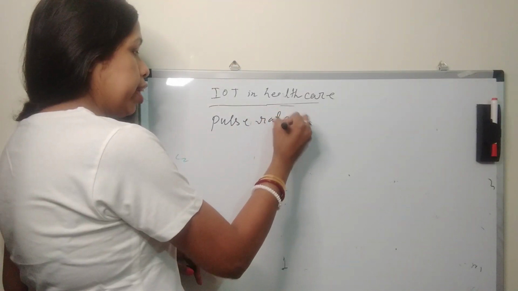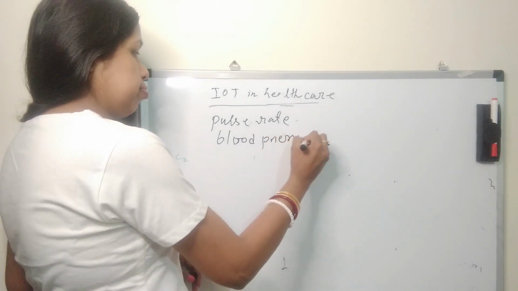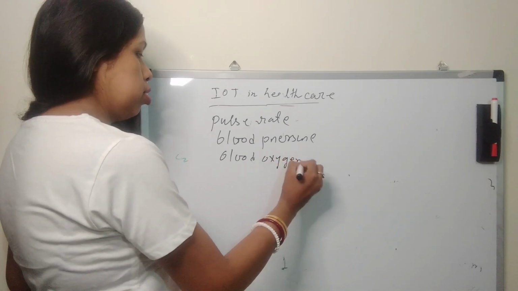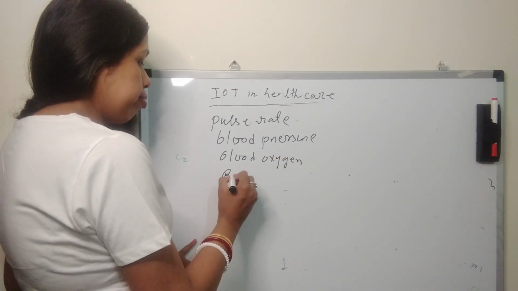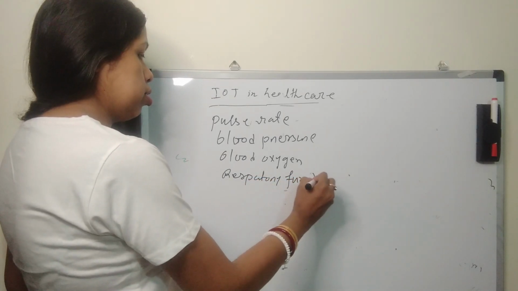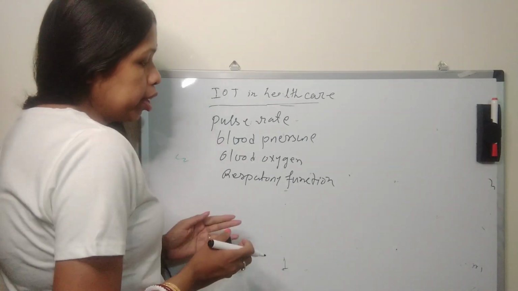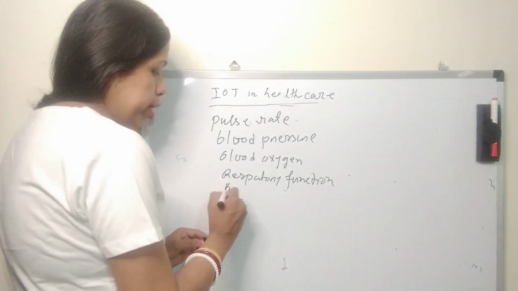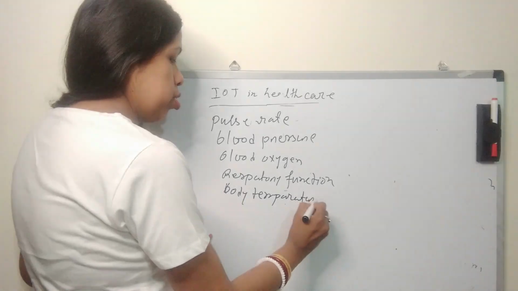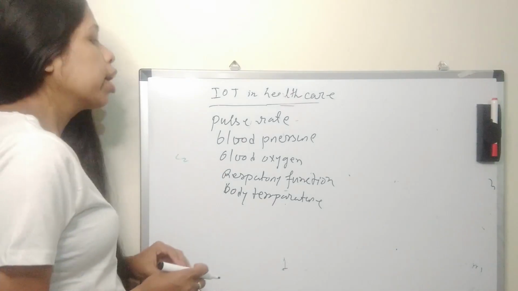First is the pulse rate, blood pressure, blood oxygen level, respiratory function, and body temperature. These are the main important parameters if you think about any kind of disease.